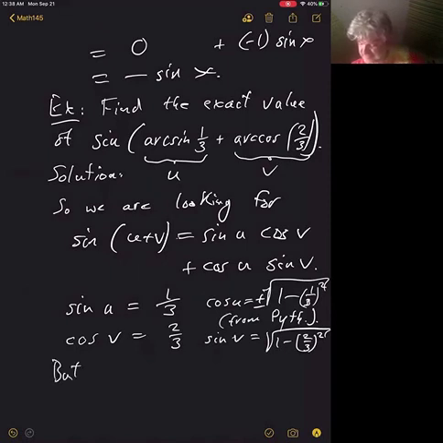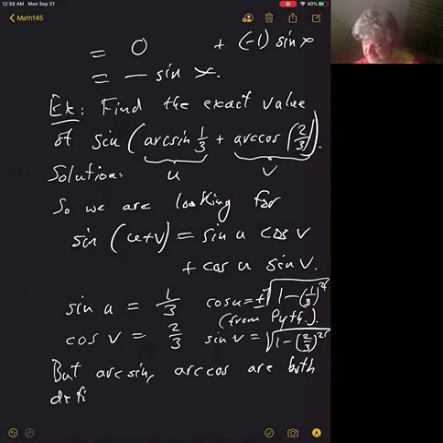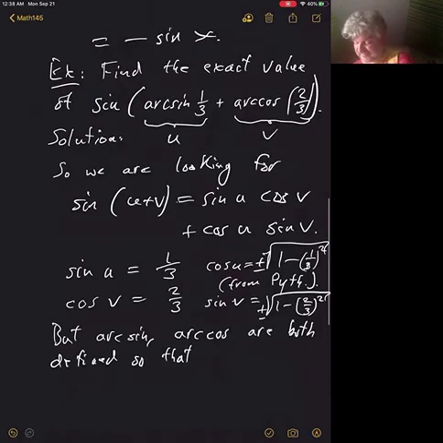But arcsine and arccosine are both defined so that the plus sign is the correct sign.